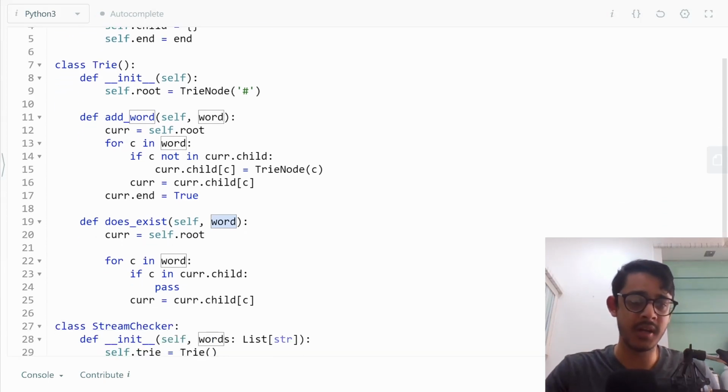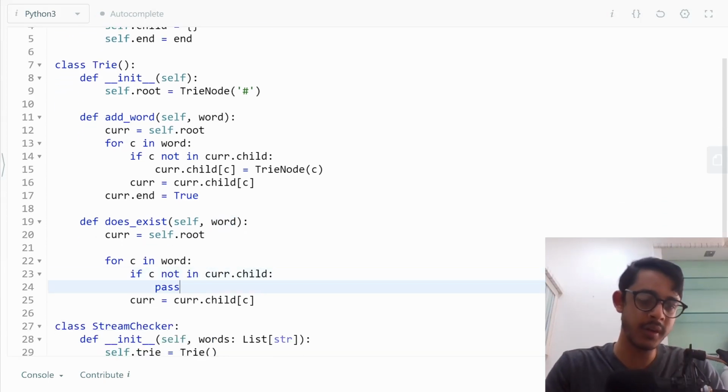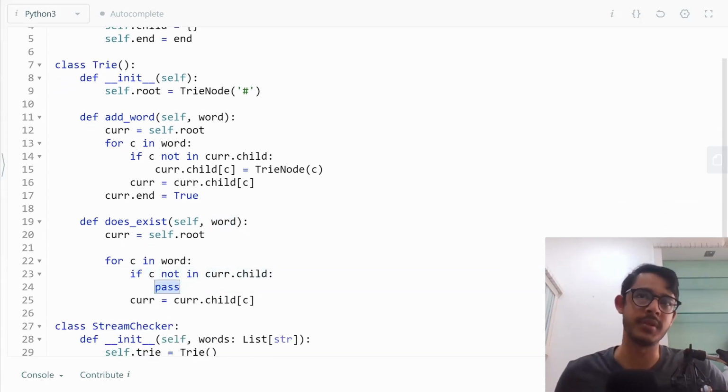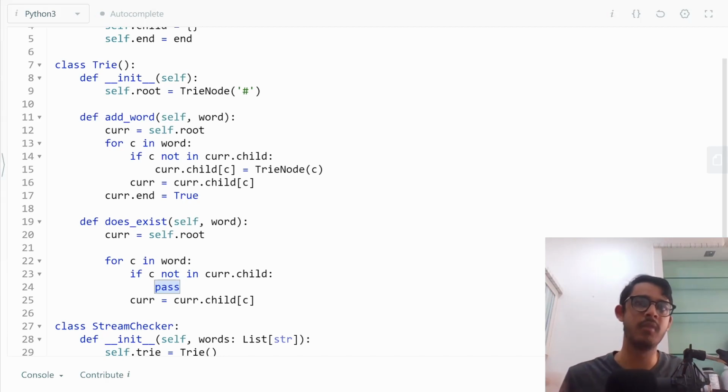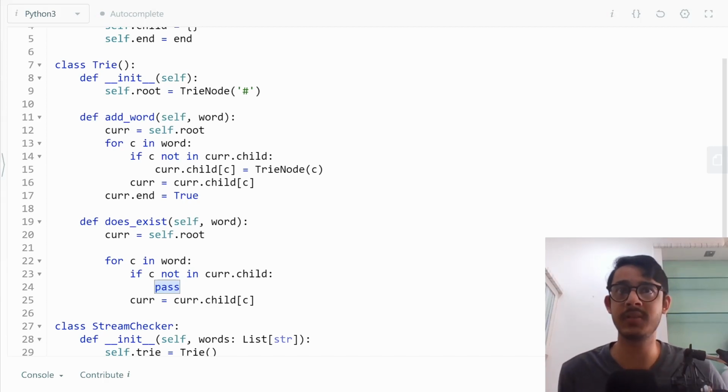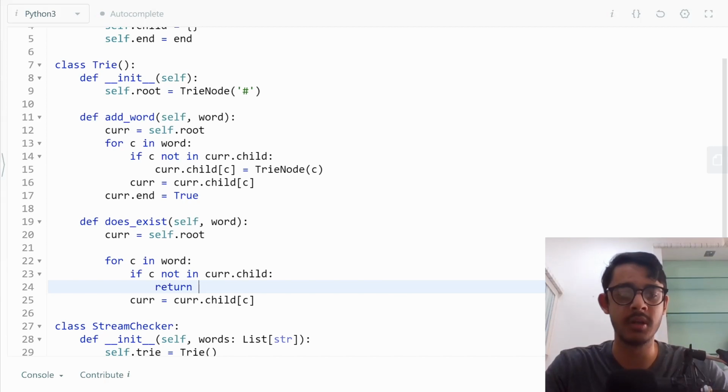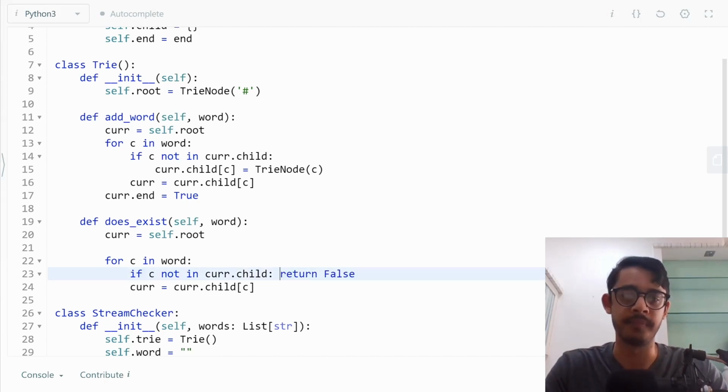And here I have a condition. If C is not inside of current.child, what happens? We have a break, right? From a list of children, we found no character that matched, which means that we don't really have anywhere to go. We have to break away. And what does breaking away mean in this case? It means that we have not found a suffix successfully, and we can just return false right away.